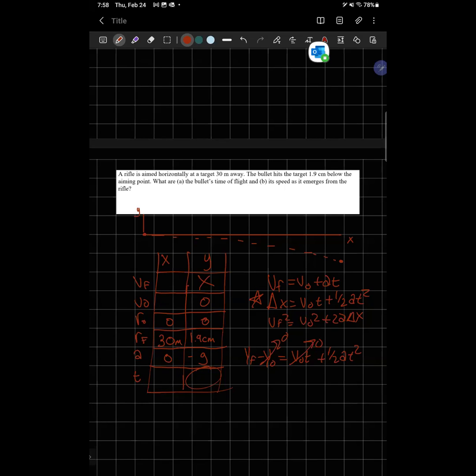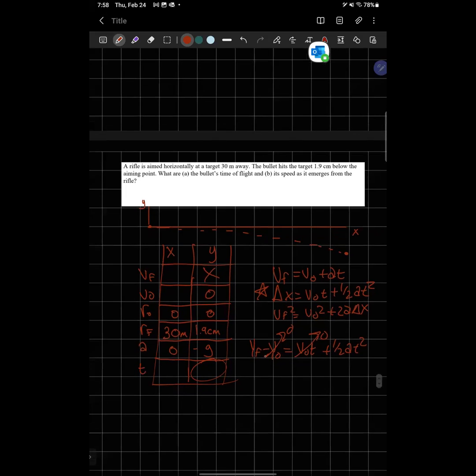It went from 0 to 1.9, so I'm going to write that as a negative 1.9. Does anybody know the scientific notation for centi? Is it -2? So times 10 to the -2 equals 1/2 negative g t squared.